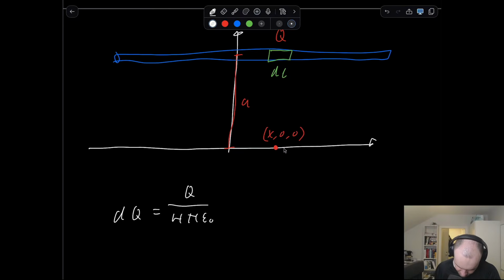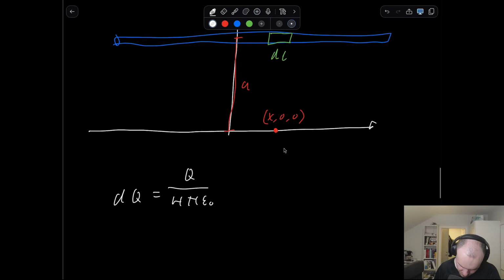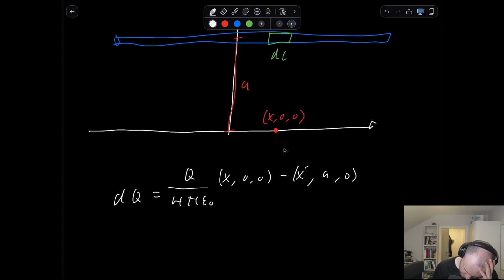And then, of course, our relative vector, we should use the correct notation. It was from our position, so it was just x0, 0, minus, what we should use is x prime to mark that this is the variable we usually integrate over. Then we have a, and of course 0. And then dx, using the notation again.